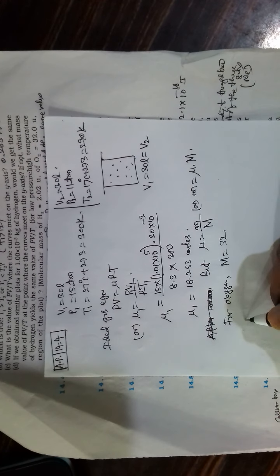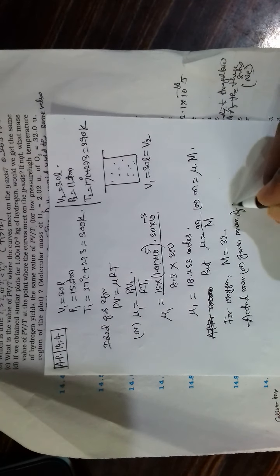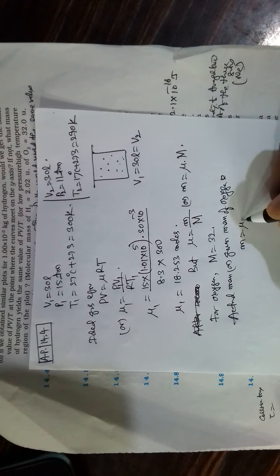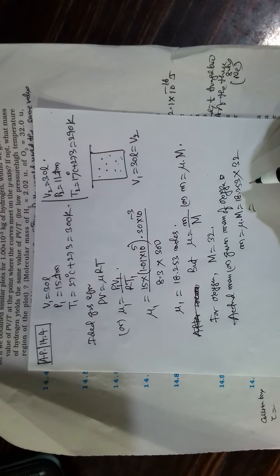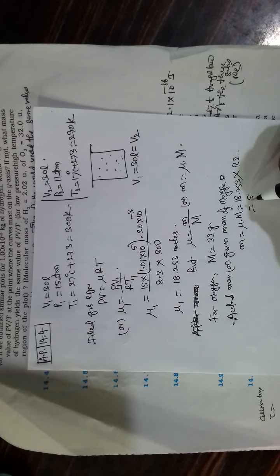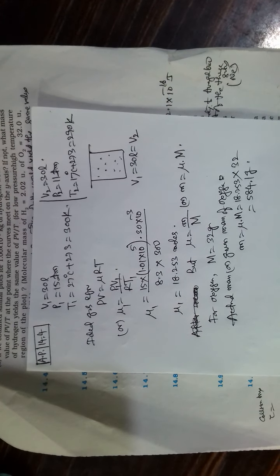Therefore the actual mass of oxygen is equal to mu into capital M, 18.253 into 32. So we get 584.1 grams. This is M1.